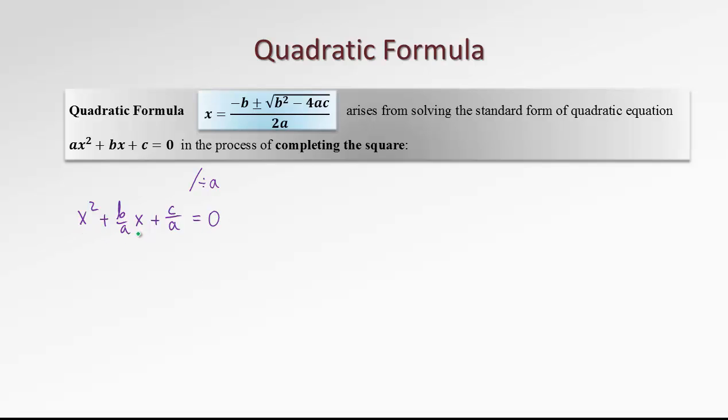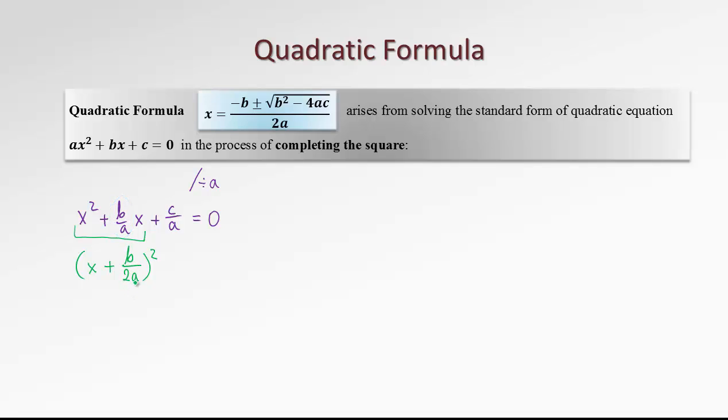The next step would be to look at these first two terms and complete the square. So we prepare the bracket, square it. What's in the bracket? X, the sign that we see, so it's plus, and half of this middle coefficient. So half of b over a is b over 2a.